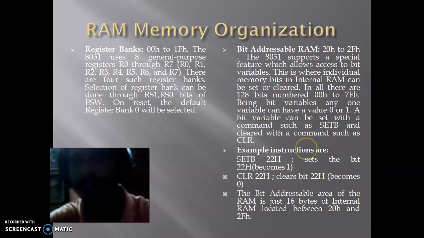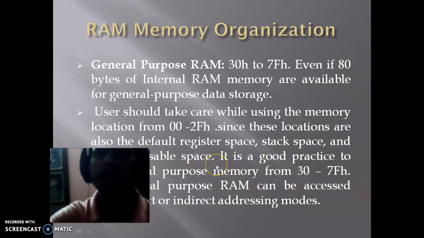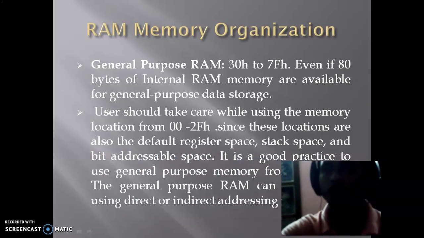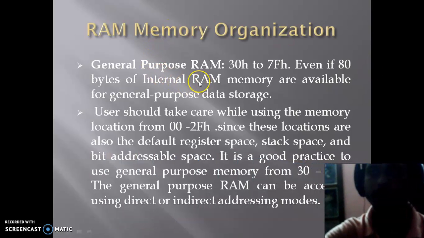Next is the general purpose RAM, 30H to 7FH, where 80 bytes of internal RAM are available for general purpose data storage. We can write any data, even the program, here. That is the general purpose scratch pad RAM.